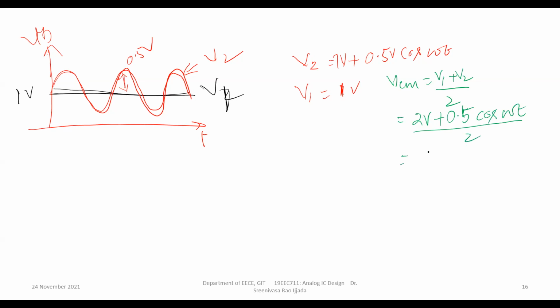Then your answer is 1 plus 0.25 cos omega t.